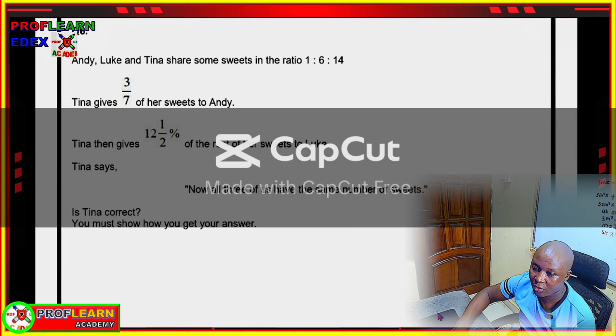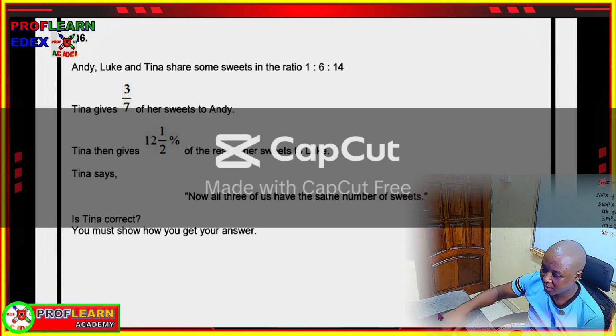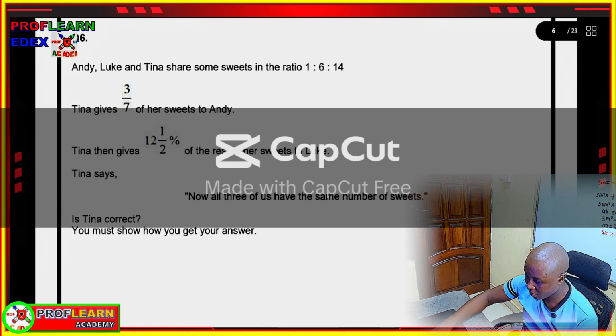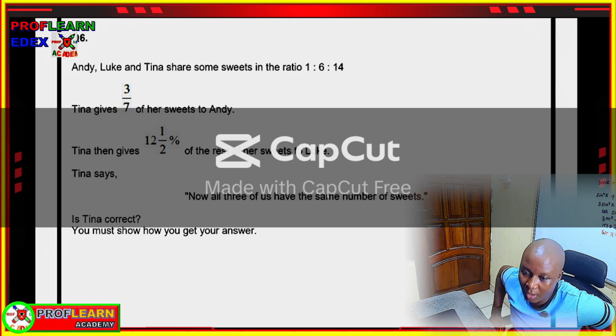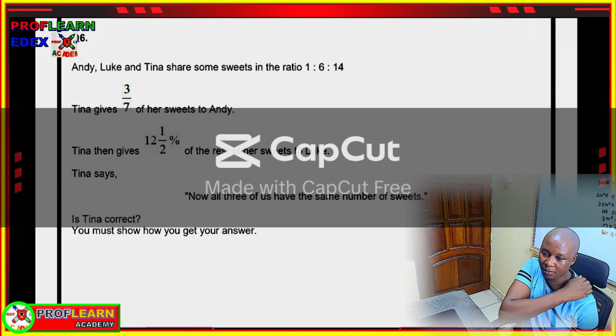This is the next part of the question on fractions and percentages that we are going to look at. We are told Hadi, Luke and Tina share some sweets in the ratio 1:6:14.